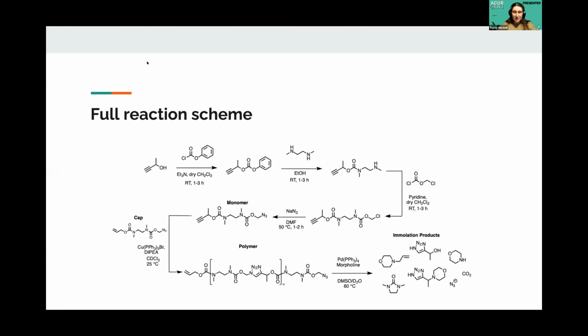These are the names of it. Yeah, I might have to go back to my paper and find the actual names of them, but they're really just small molecules. You can see here, they're just very small.